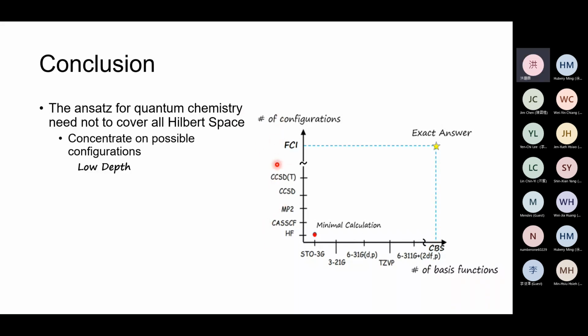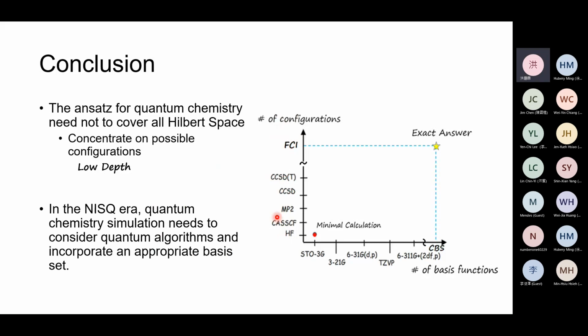We can always find a possible configuration with low depth, but this is the y-axis direction. But more importantly, in the other direction, quantum chemistry simulation needs to consider the quantum algorithm and incorporate an appropriate basis set. That is, we cannot always use STO-3G to design the quantum algorithm. We need to consider a more accurate Hamiltonian.